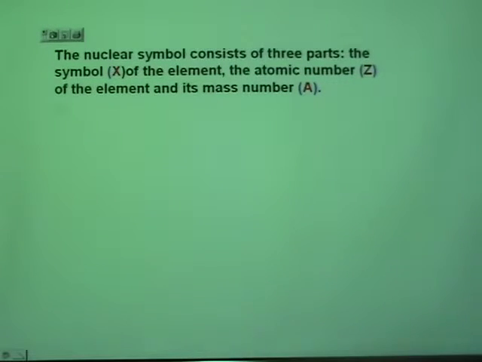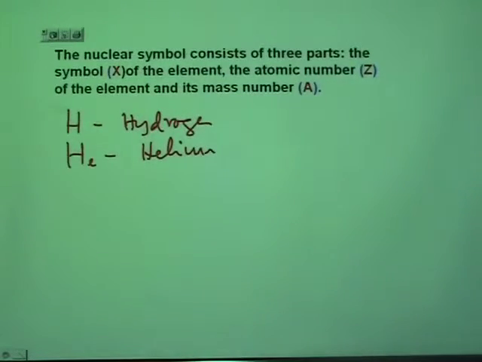Now, hydrogen is H, so H stands for hydrogen. He stands for helium. Some common elements: Fe stands for iron. We talked about gold.